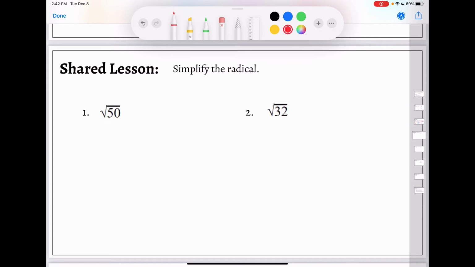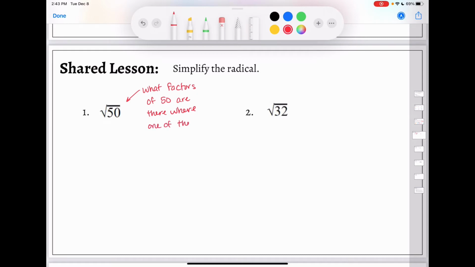What we look for is what factors of 50 are there where one of those factors is a perfect square?